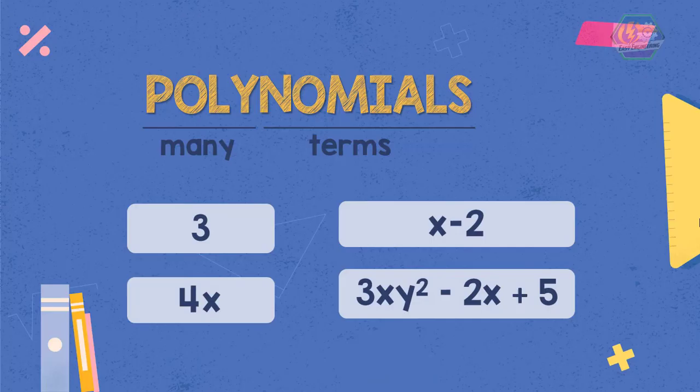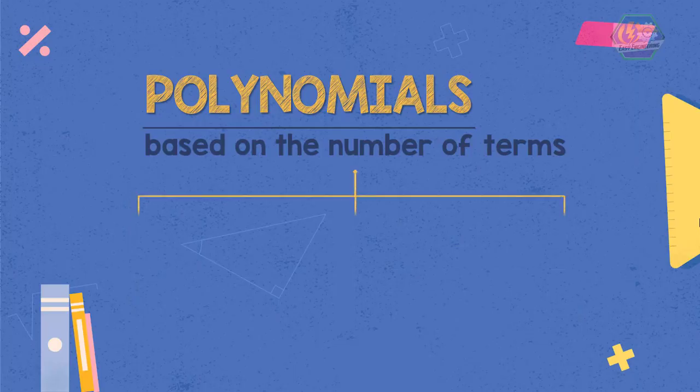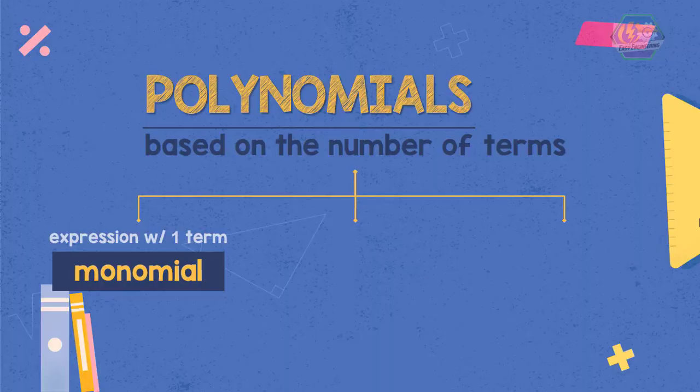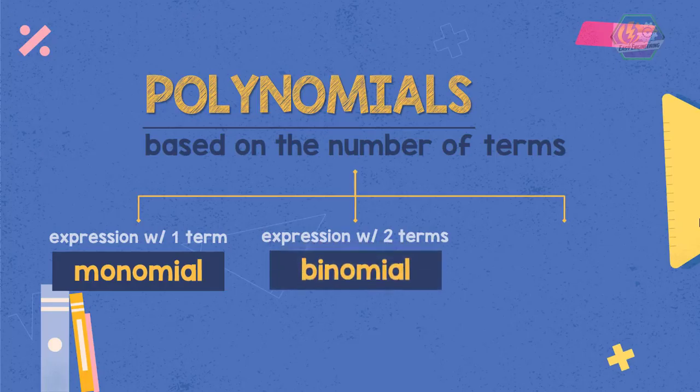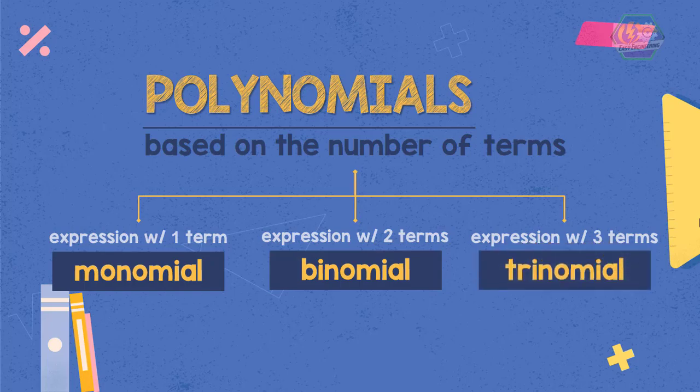Polynomials also have different names based on the number of terms. So if you have an expression with one term, it is called monomial. If you have an expression with two terms, it is called binomial. And an expression with three terms is called trinomial.